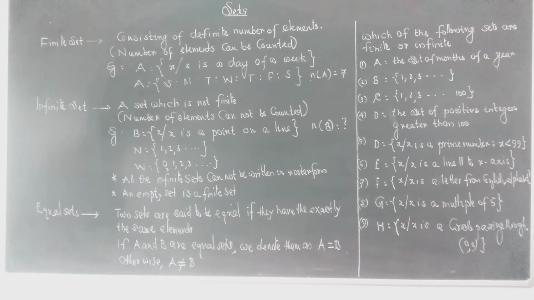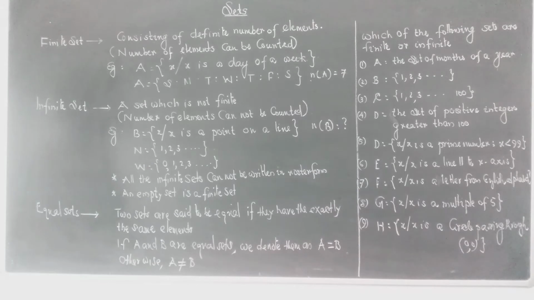Possible to count up? No. Why? Because the line is extended indefinitely on both sides, both directions. So we are not able to say exactly how many points are there on that particular line. That's why n(B), the number of elements in B, we are not able to find correctly. So that will be an example for the infinite set.